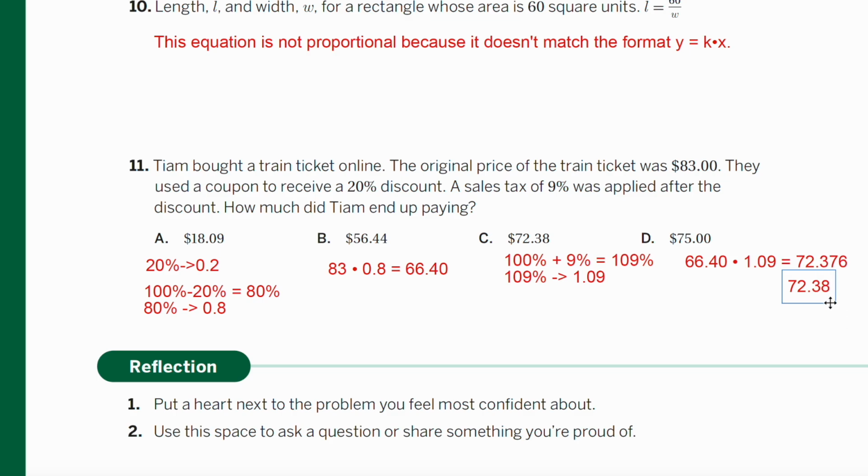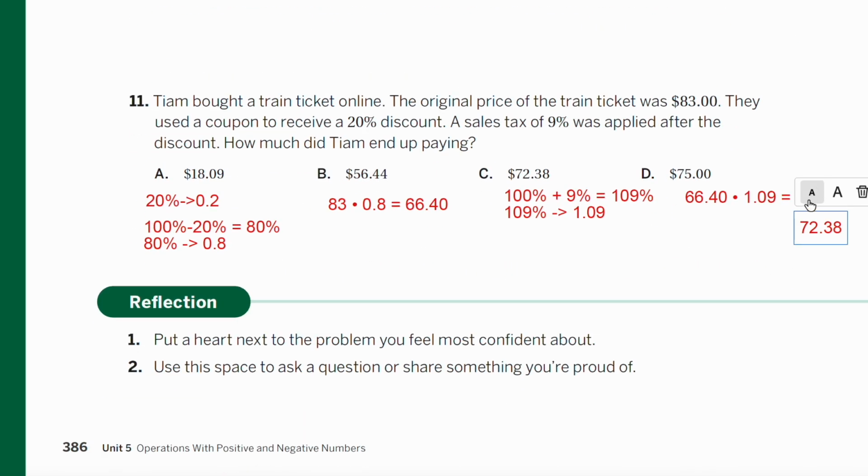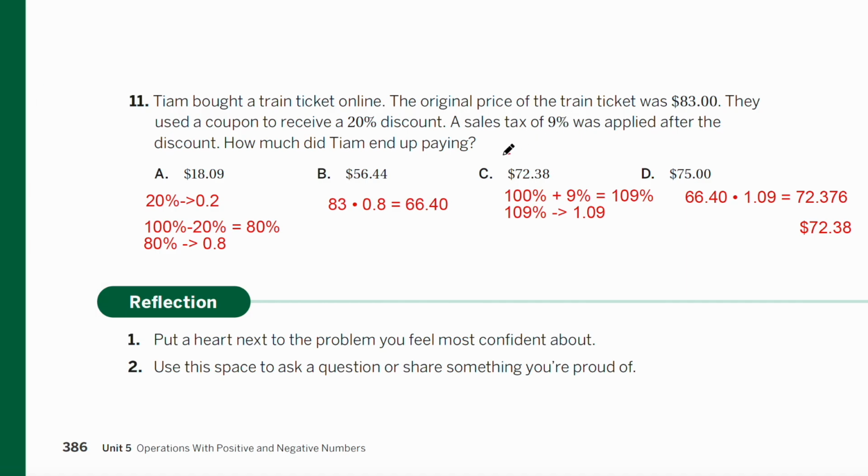So this is our final price after we do the discount and after we do the sales tax. And we can see here it matches with letter option C, $72.38. So we can be pretty sure that we got the right answer.